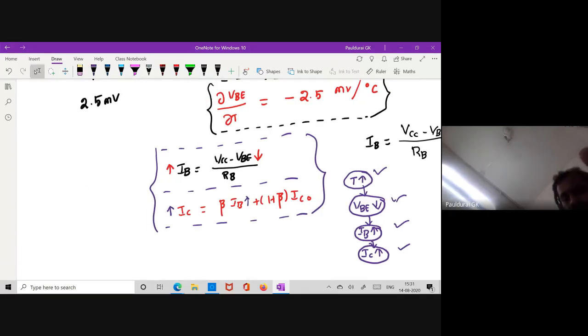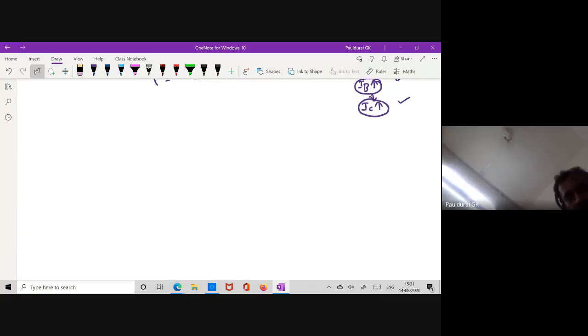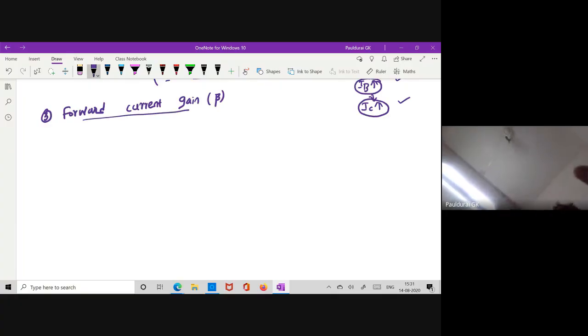My final parameter is the forward current gain, the third one: forward current gain beta. Now, when temperature increases, will beta increase or decrease?